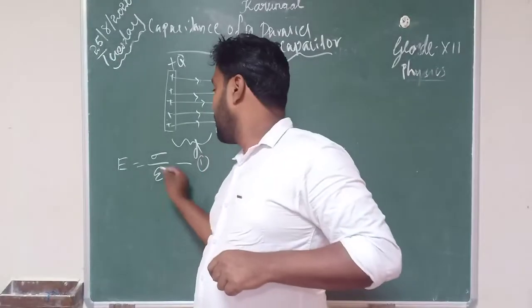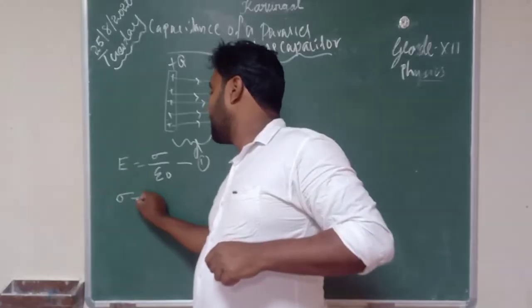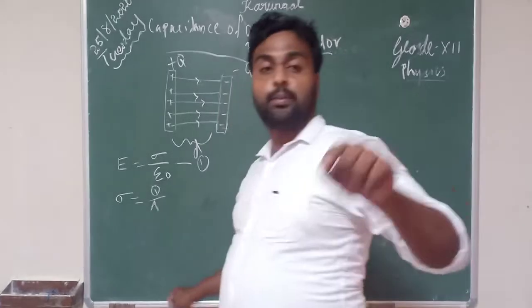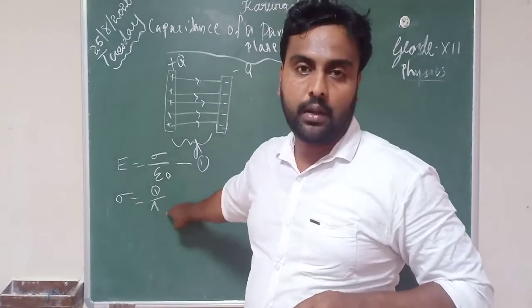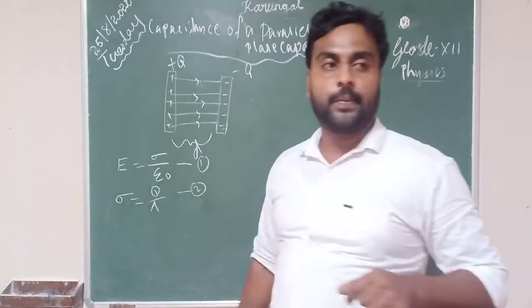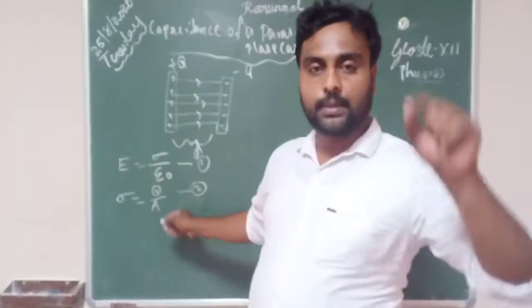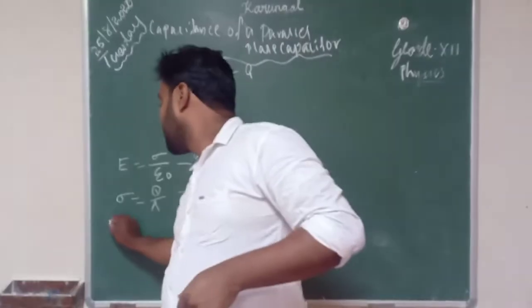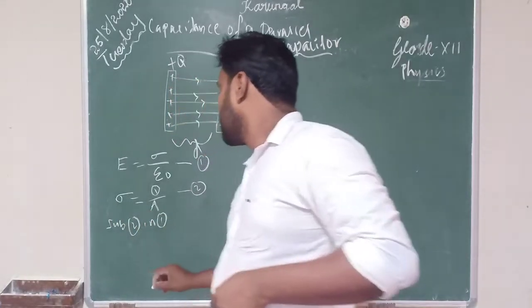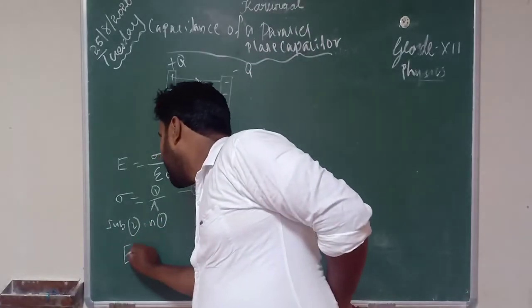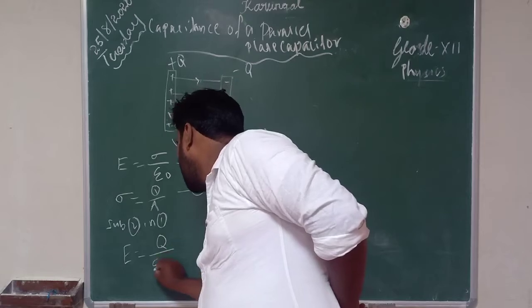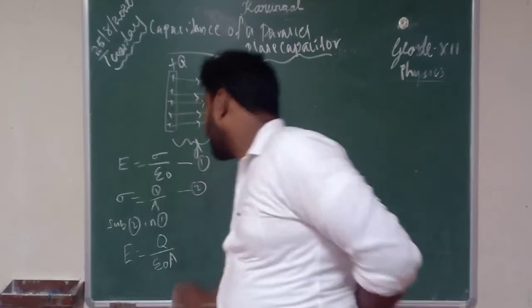Now sigma is equal to charge per unit area, Q by A. Keep this as equation 2. Now substitute 2 in 1. So E equal to Q by epsilon 0 A.